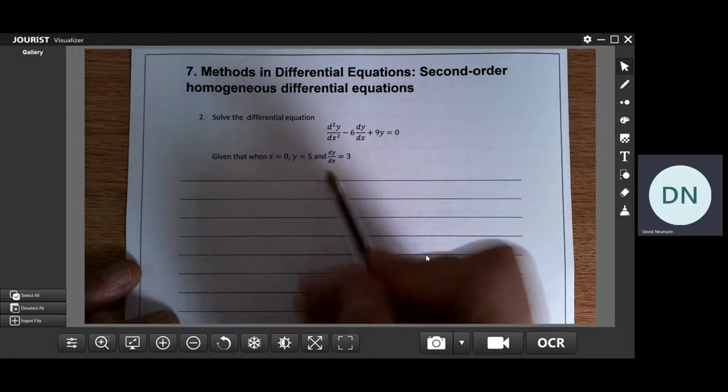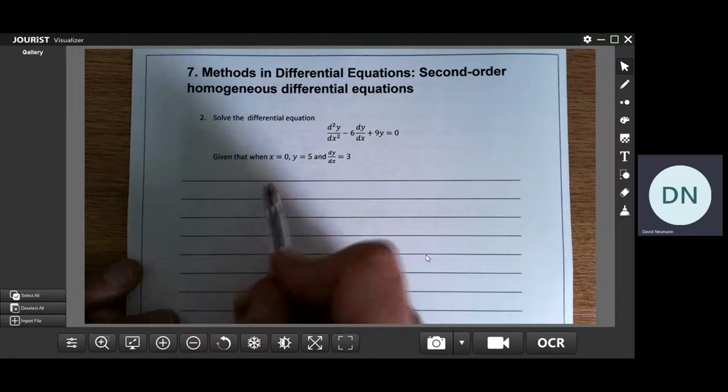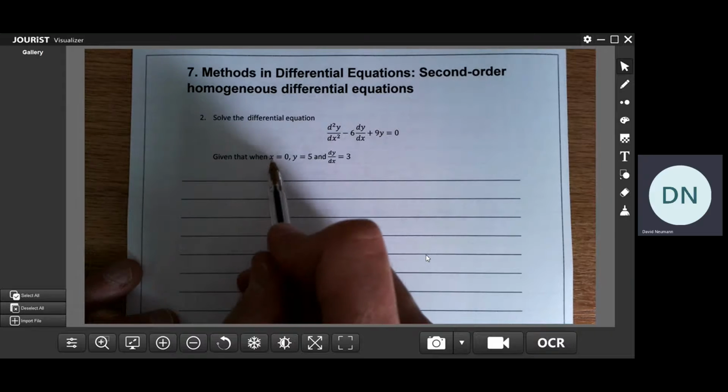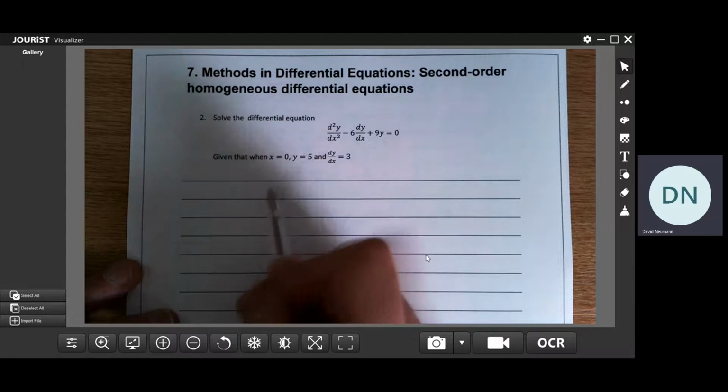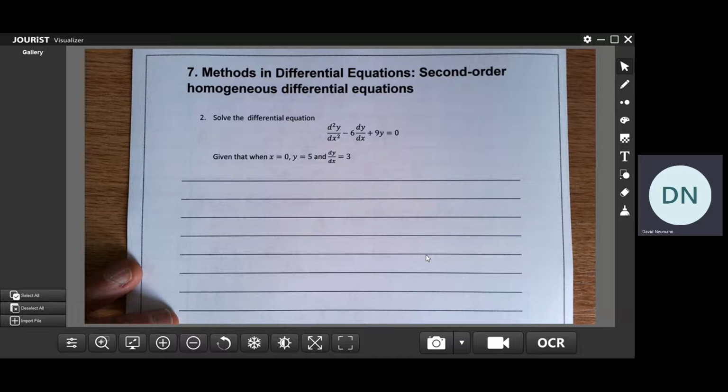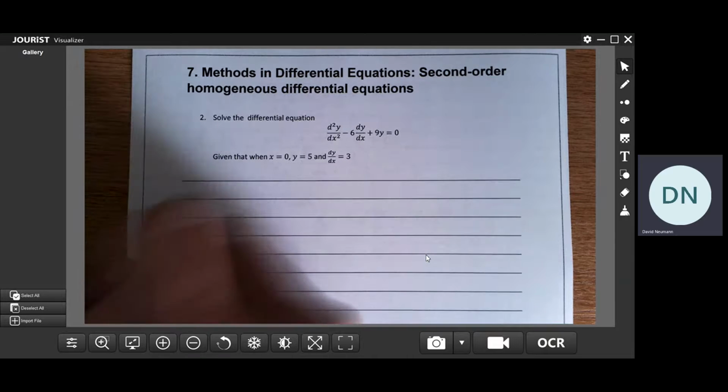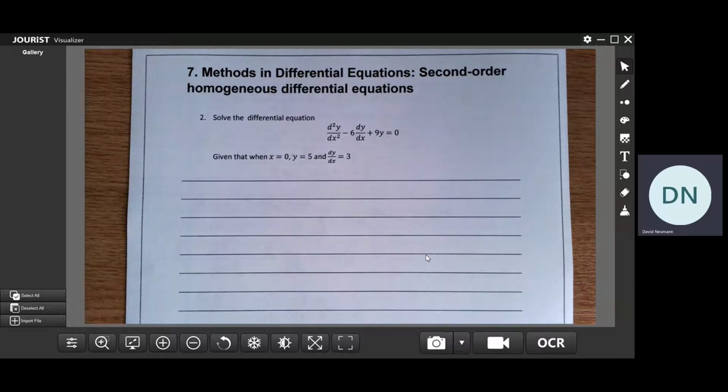In this case, we've got a value of the derivative. Another possibility that we might have had would be x equals 0, y equals 0, and then another pair of x and y. That would also work. So let's go ahead and solve this differential equation.